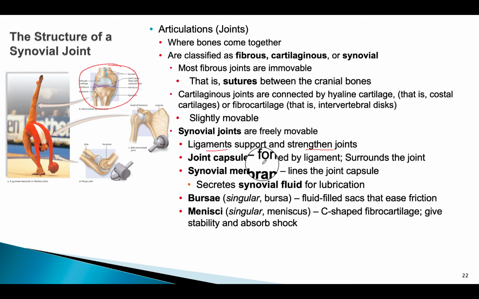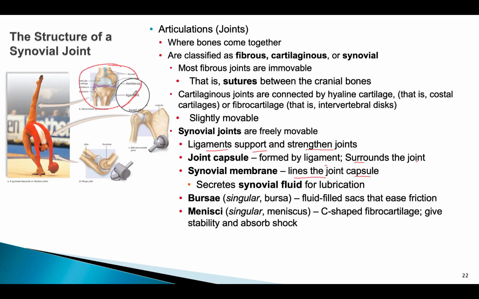The joint capsule is formed by ligaments that surround the joint. In here we will have a joint capsule, although it's not labeled, and there is another one over here, a joint capsule formed by these ligaments surrounding this joint. The synovial membrane lines the joint capsule, so it is inside it.